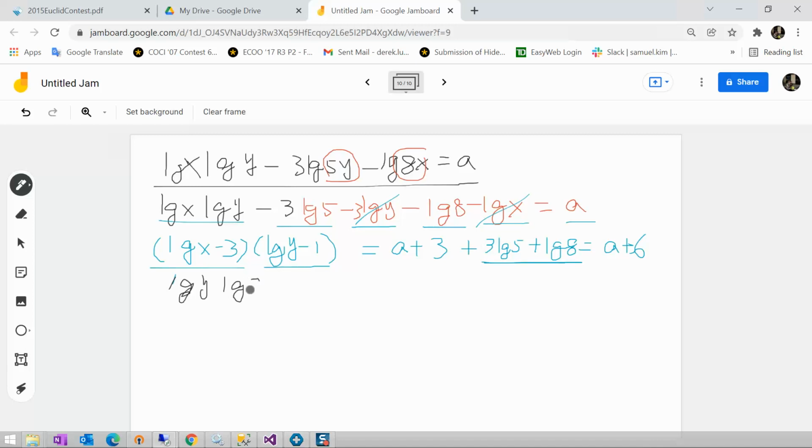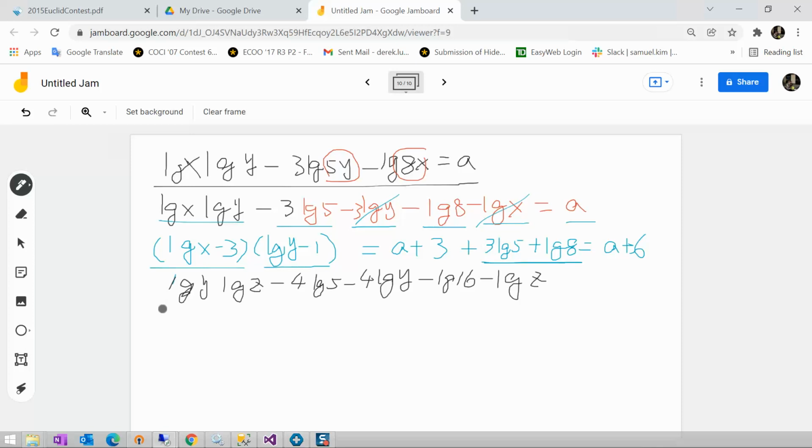log z, and minus 4, 4 log of 5 minus 4 log of y, yeah, minus log 16 minus log z, right?